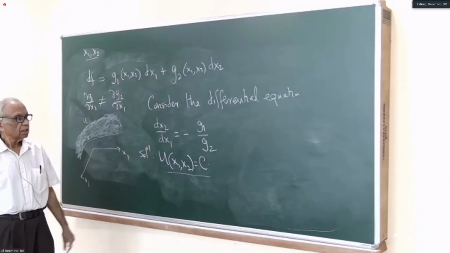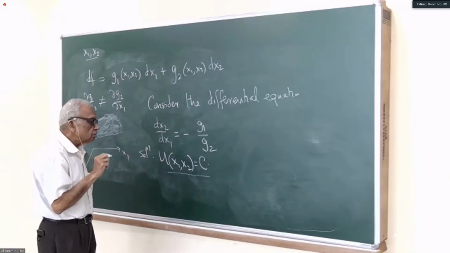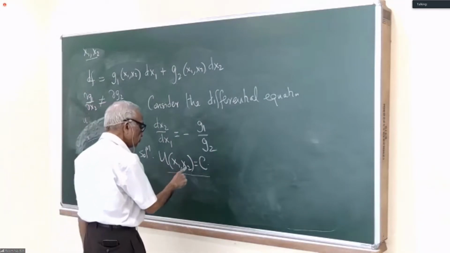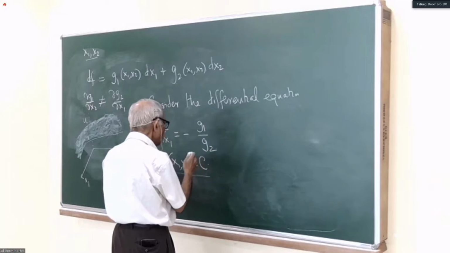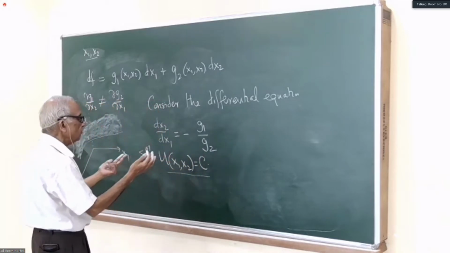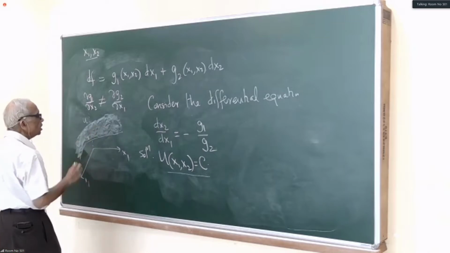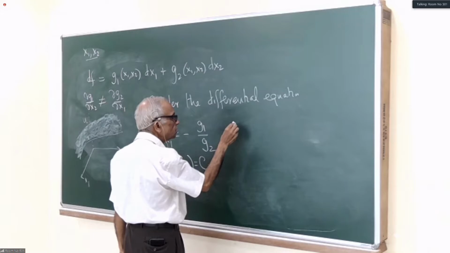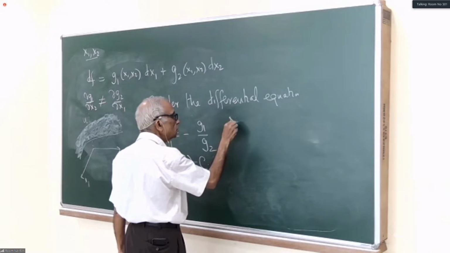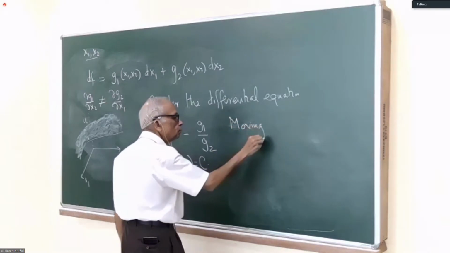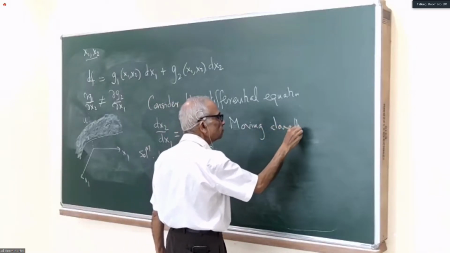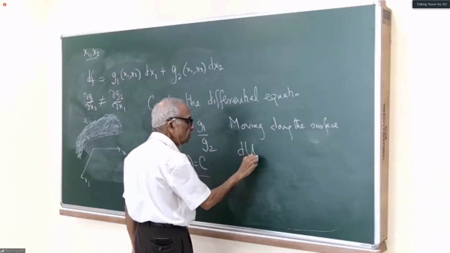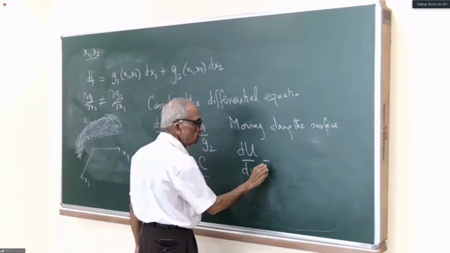So I will pick a particular value of C, and I want to move along this surface. And if I do move along that surface, then du/dx1 is equal to 0.